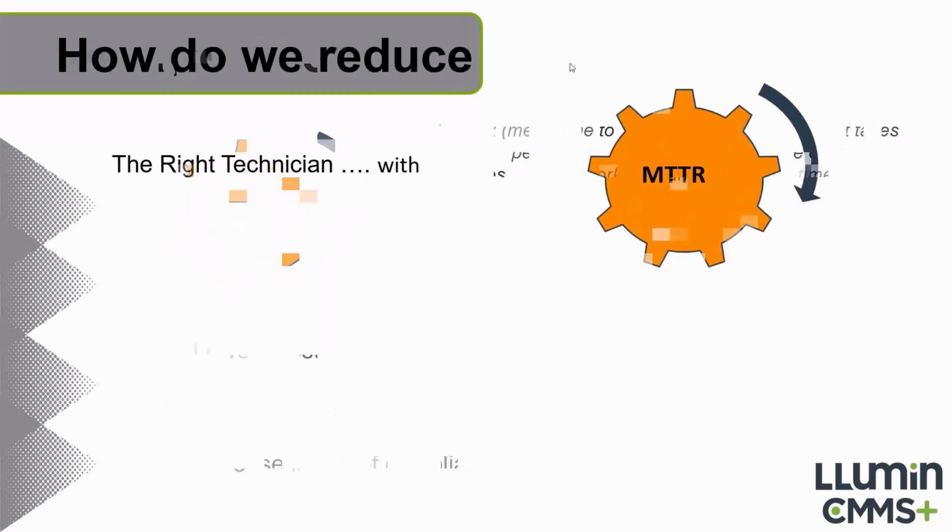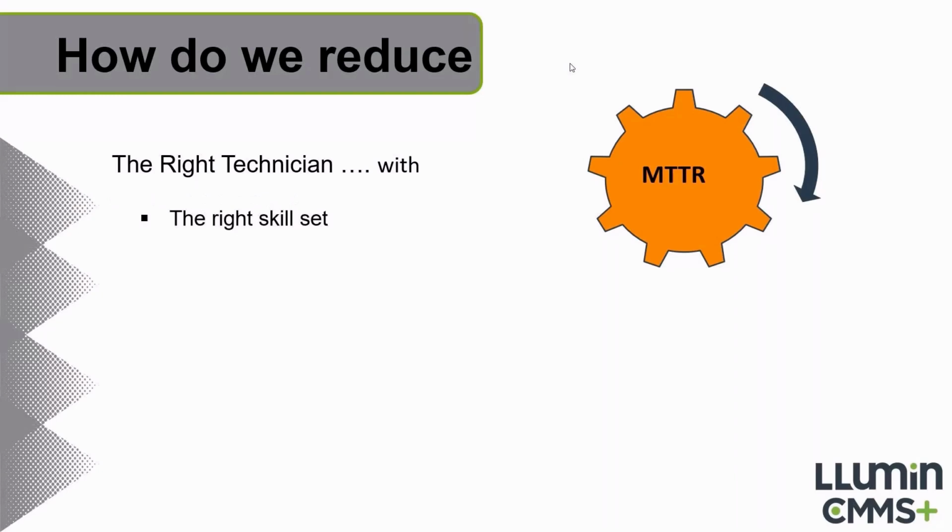So it really starts with okay, how do we reduce MTTR levels? I mean, what's the process? Well, obviously, you guys know it starts with people, a technician, but also making sure that the technician has the right skill set, the right training for whatever job or whatever repair or whatever PM they have to do. And then now you have to look at, if there's a crew involved, is it the right crew? Are they available at the right time?